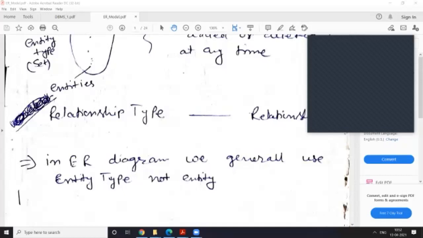Roll 15. 13. Okay. 19. Now 20 to 30. 22.